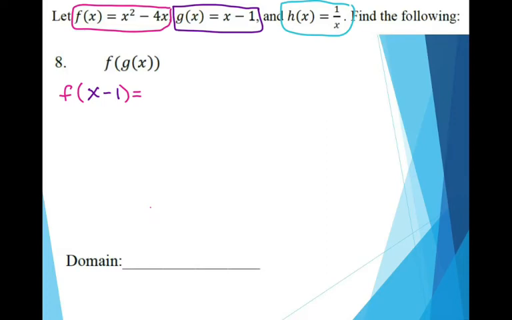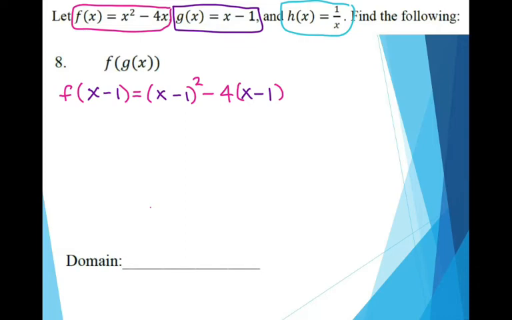So the first part of my f function is x squared. So instead of x, I'm going to put in an x minus 1 minus 4 times x. But again, instead of my x, I'm going to put in this x minus 1. So the composition of a function is taking one function and literally putting it into the other function.